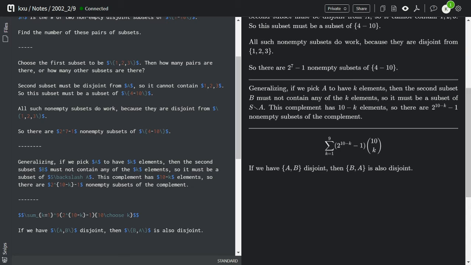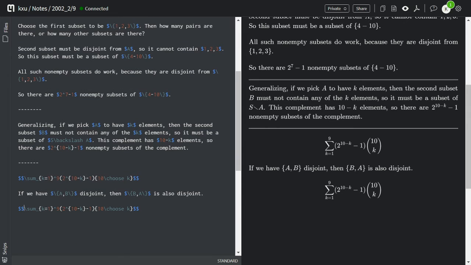So this works as well, but we're counting both of them as 2 rather than the 1 that we should have. And since we're overcounting this for all A and B, then we just need to divide this by 2. So our actual answer will be this divided by 2.